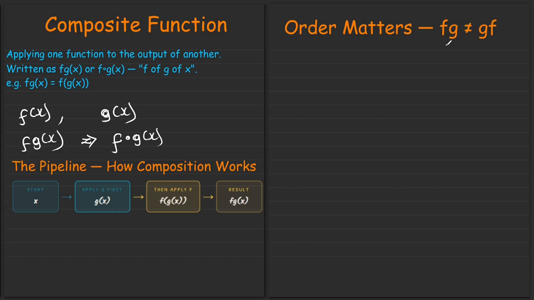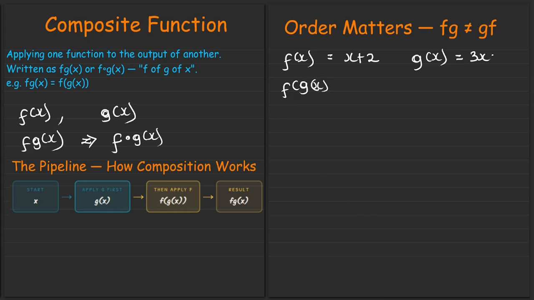That is to say that f of g is not the same as g of f. Let me give you a simple example. As we proceed, we'll solve 5 more examples to enhance our understanding. But for this basic one, let's say f of x is equal to x plus 2, and g of x is equal to 3x. Then if you want f of g of x, what is it going to be?